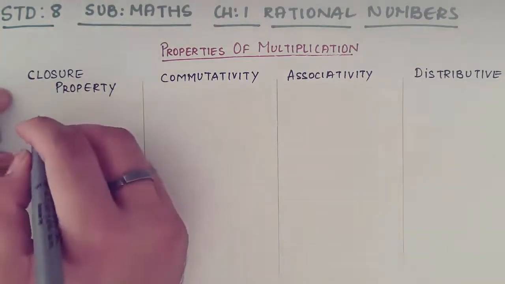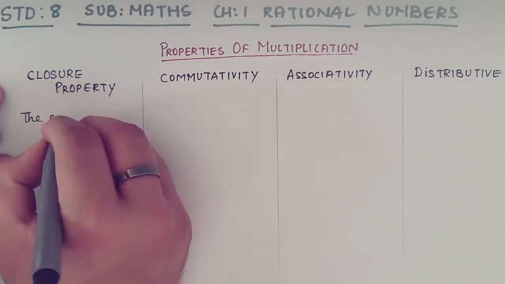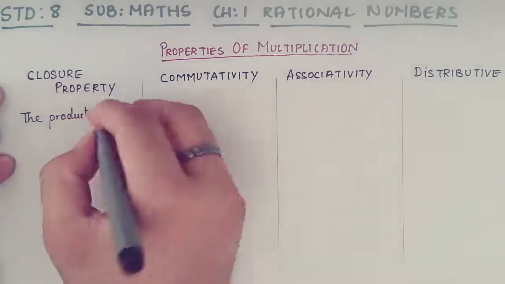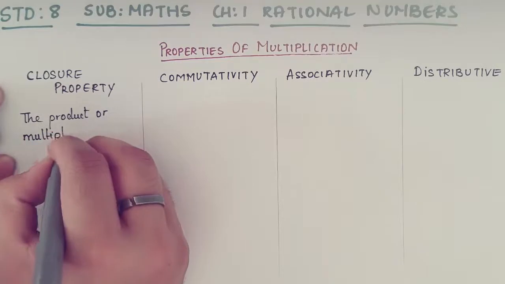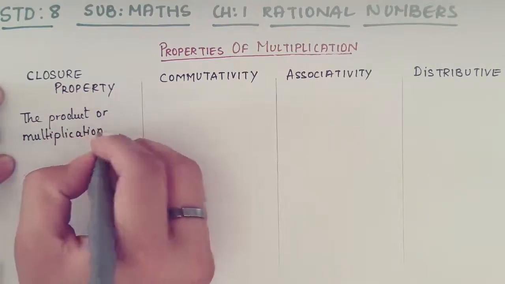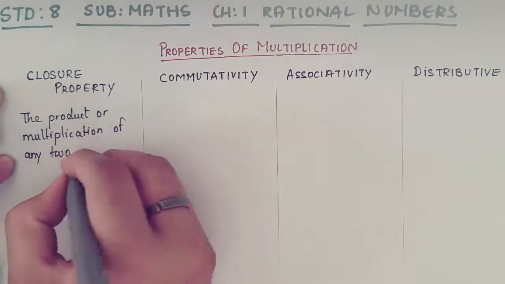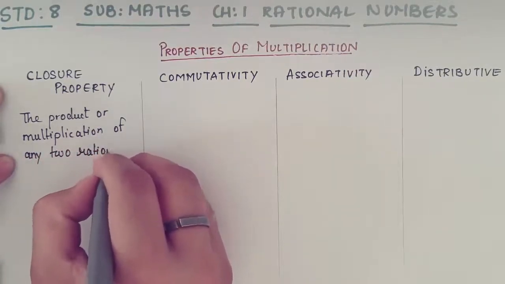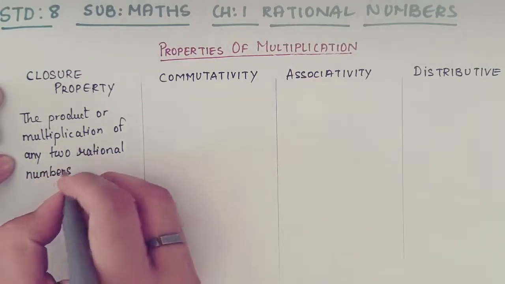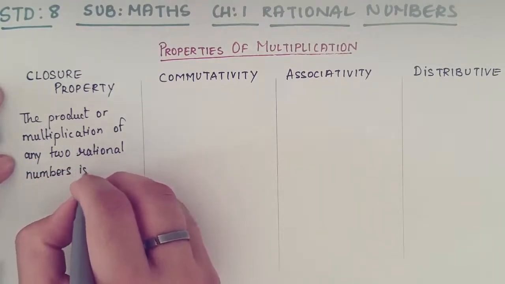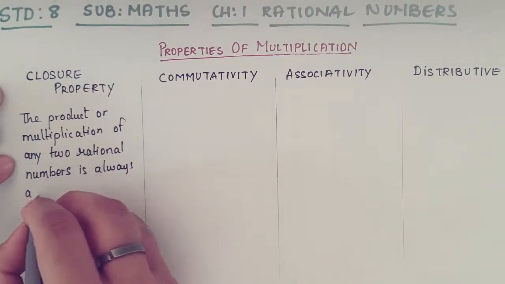So closure property under multiplication is the product or multiplication of any two rational numbers is always a rational number.